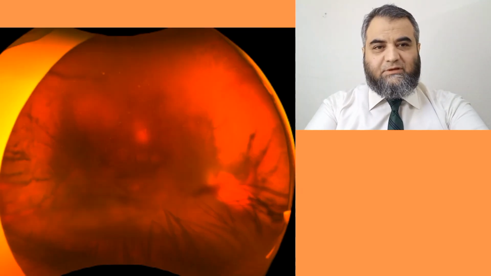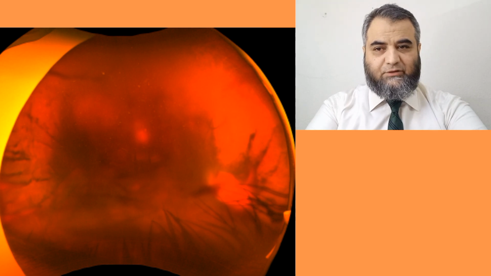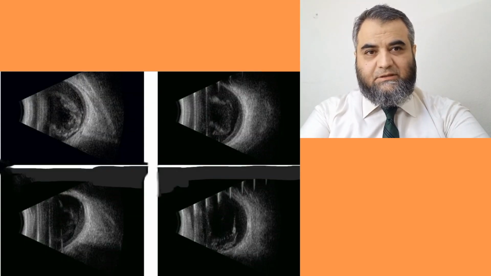So let's come to the right eye fundus photograph. Here you cannot see anything except the hemorrhage. All around there is hemorrhage occupying the vitreous, and you cannot see anything there. So this is the fundus photograph of the right eye. A B scan was done to see the retinal integrity, any detachment, any traction.